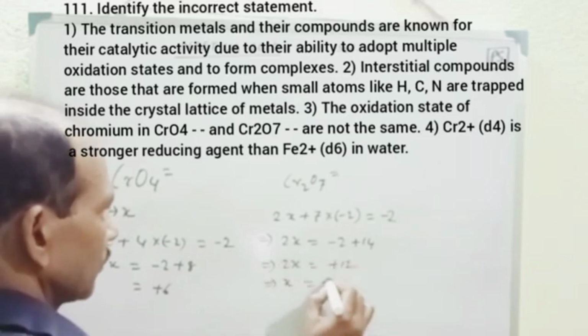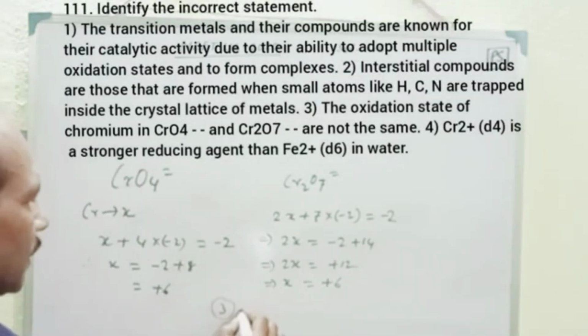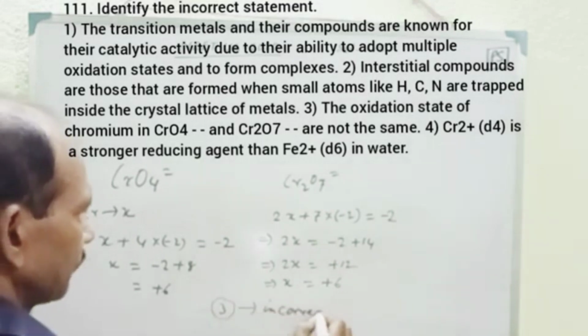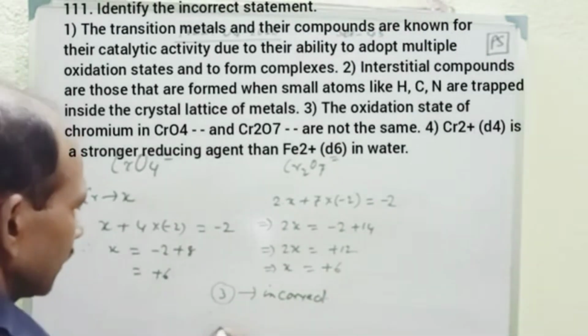X equals to +6. Therefore, the oxidation state of chromium in CrO4 2- and Cr2O7 2- are the same. Therefore, statement 3 is incorrect. Therefore, the correct option is option number 3.